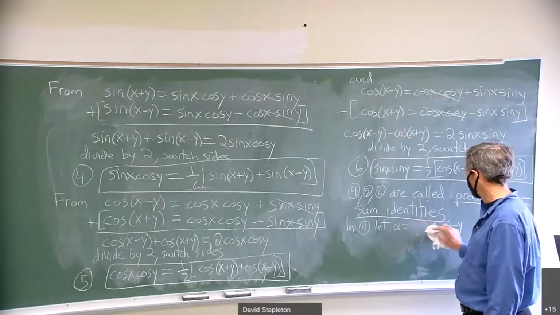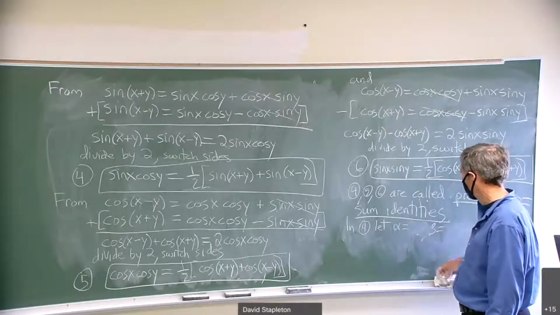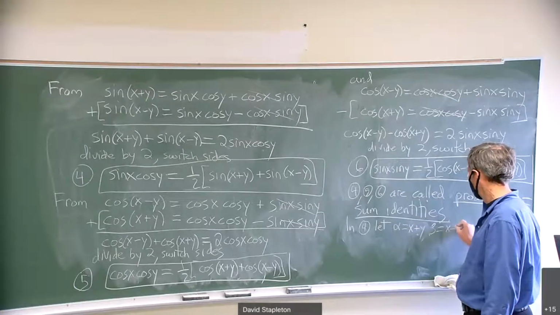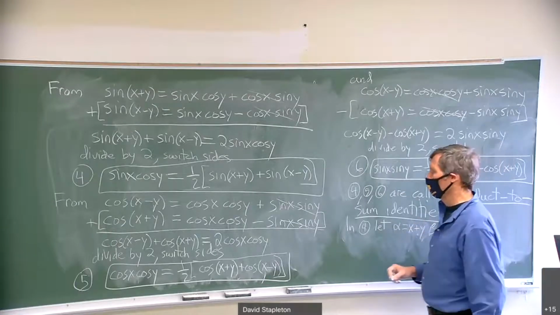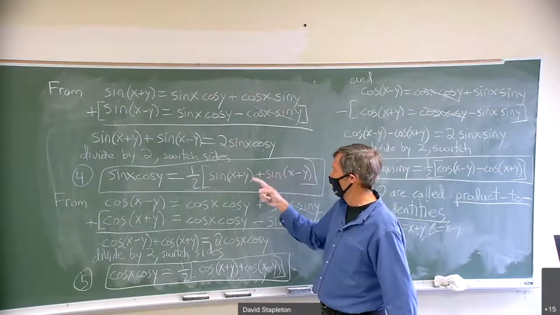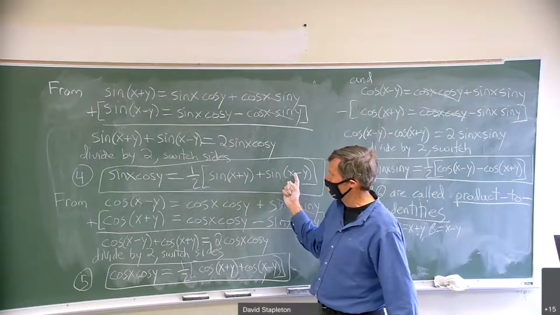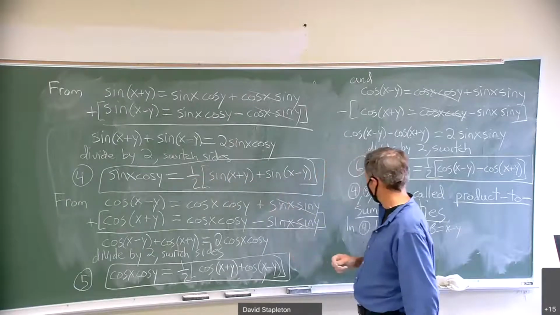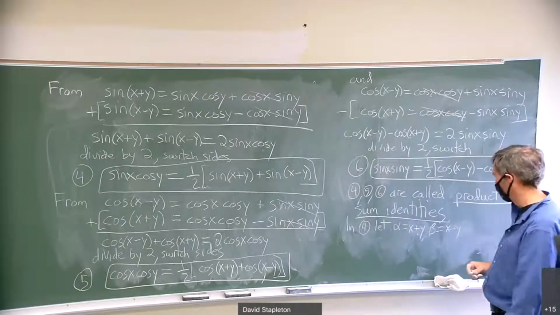Alpha is x plus y and beta is x minus y. The reason we want to do that is that we have in here sine alpha and sine beta, and we get a sum of two trig functions, and we can convert that to a product. So we're going to make this a sum of two trig functions of two angles.